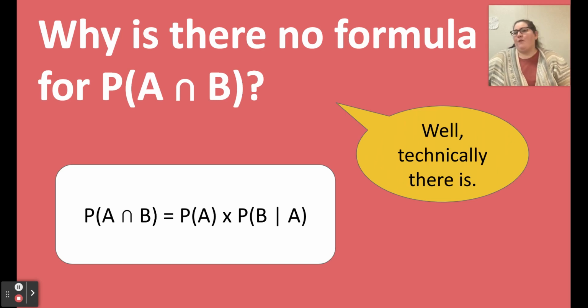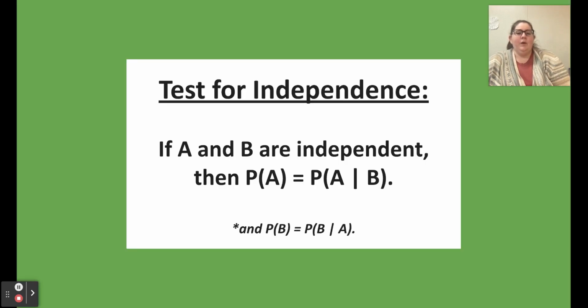And the same can be said for flipping coins, rolling regular dice, anything like that, where every single flip or roll or event is independent of the previous one. Technically, for those, I didn't have to worry about the given part because it didn't affect anything. But that leads us to what we call the test for independence.